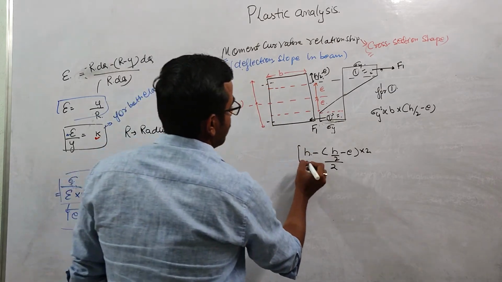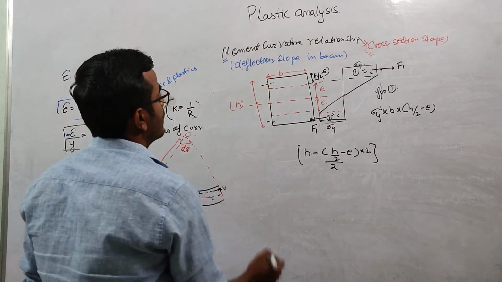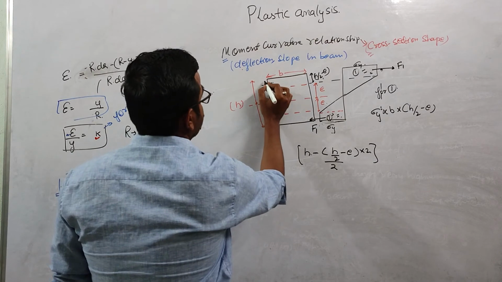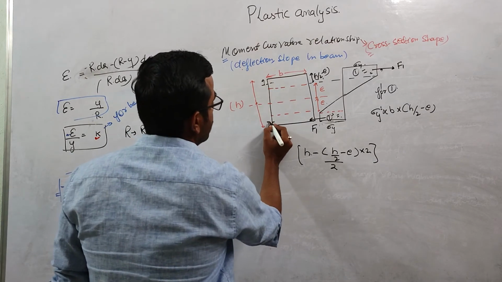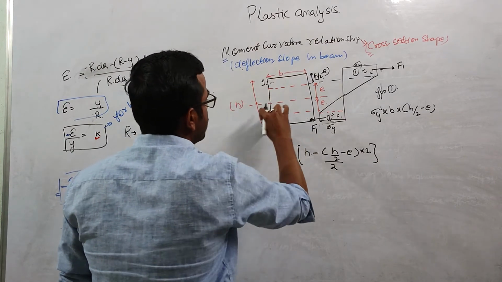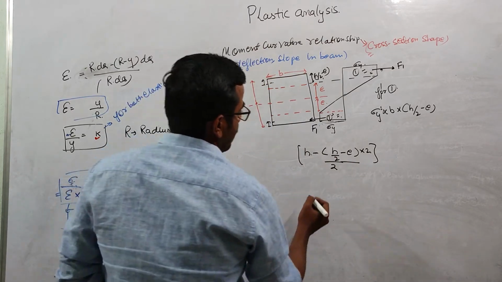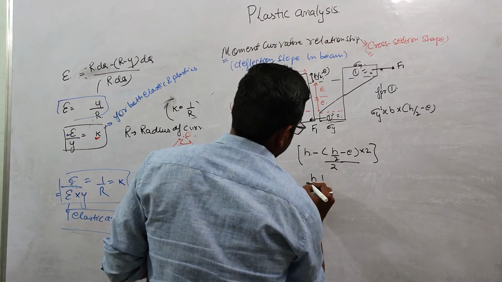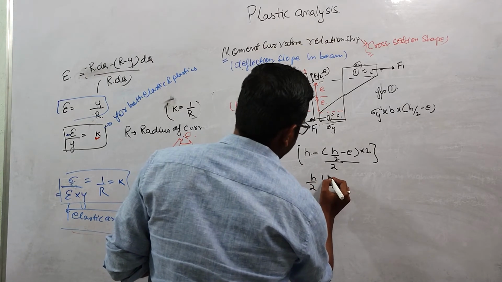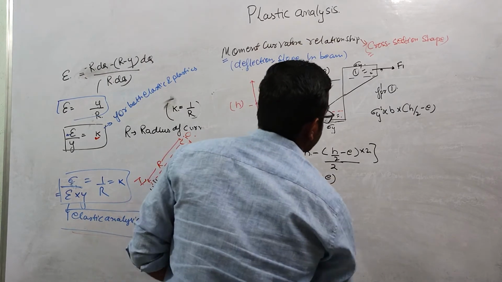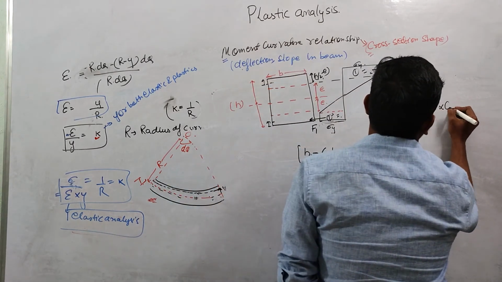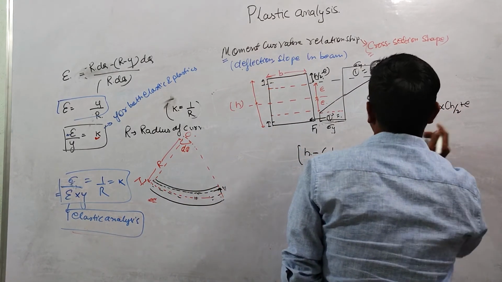This will be the value of the lever arm. I am subtracting these two distances basically. This 2 multiplication shows that I am subtracting these two distances, right? If you solve this, you will get H by 2 plus E, right? So this will be H by 2 plus E.